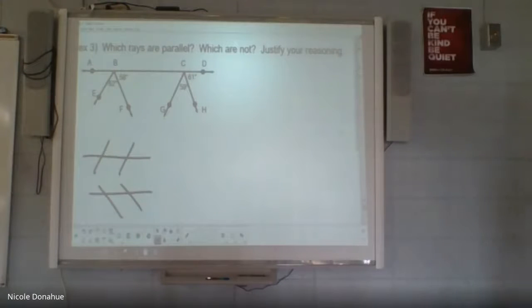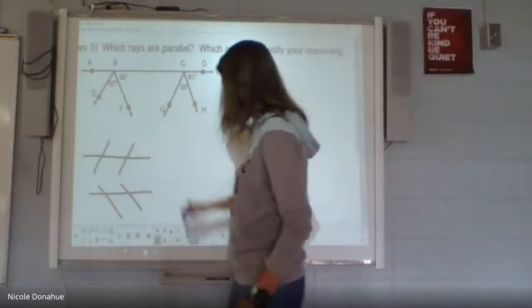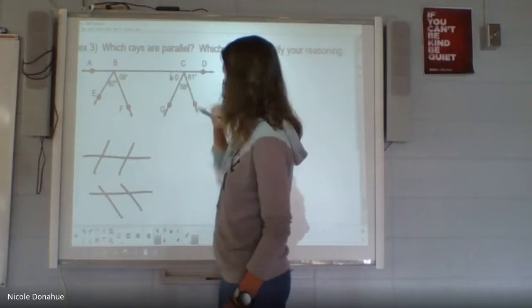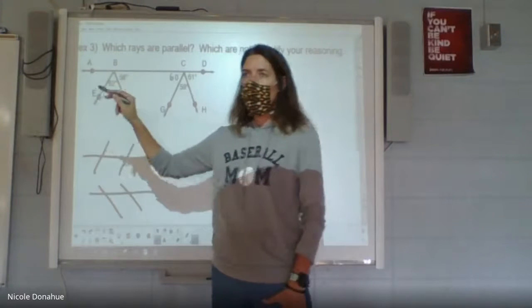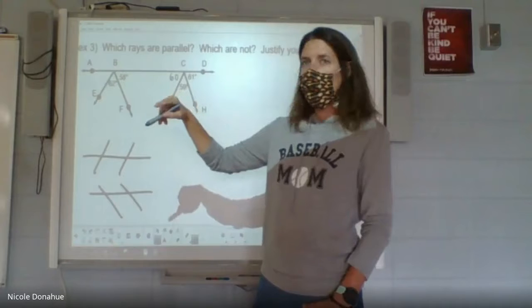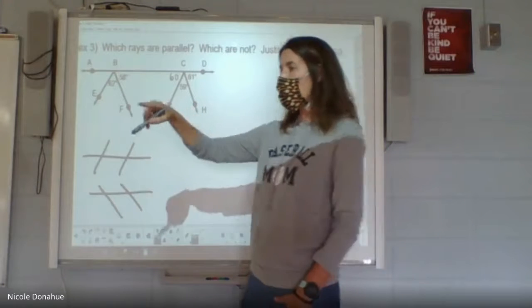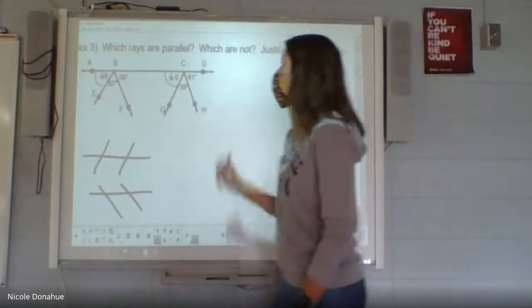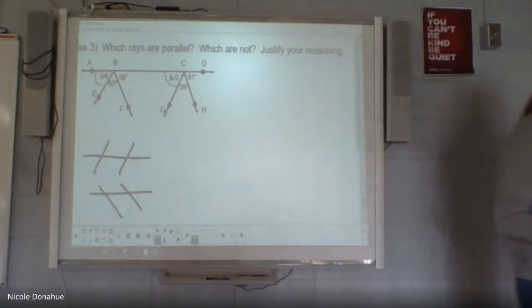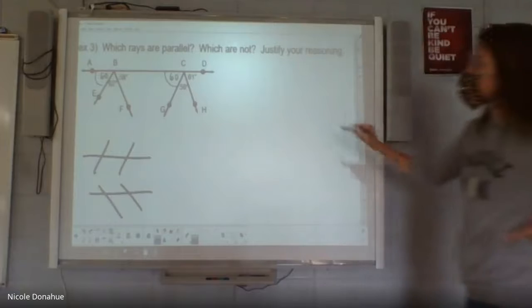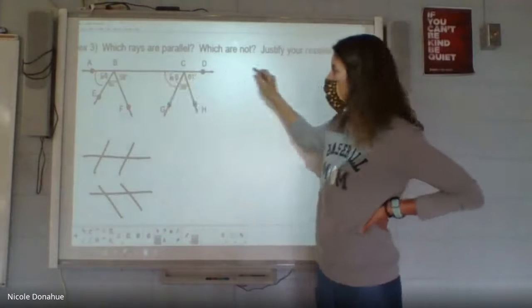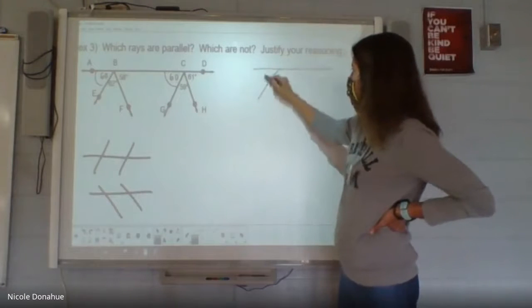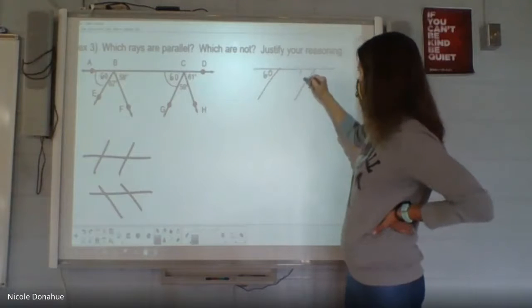BCG is 60 degrees. Okay, so he figured out this is 60 degrees here. What do we know about this one over here? Yeah, it's also 60. So these two angles are actually 60. So if I can ignore that other line, I have a 60-degree angle and a 60-degree angle.